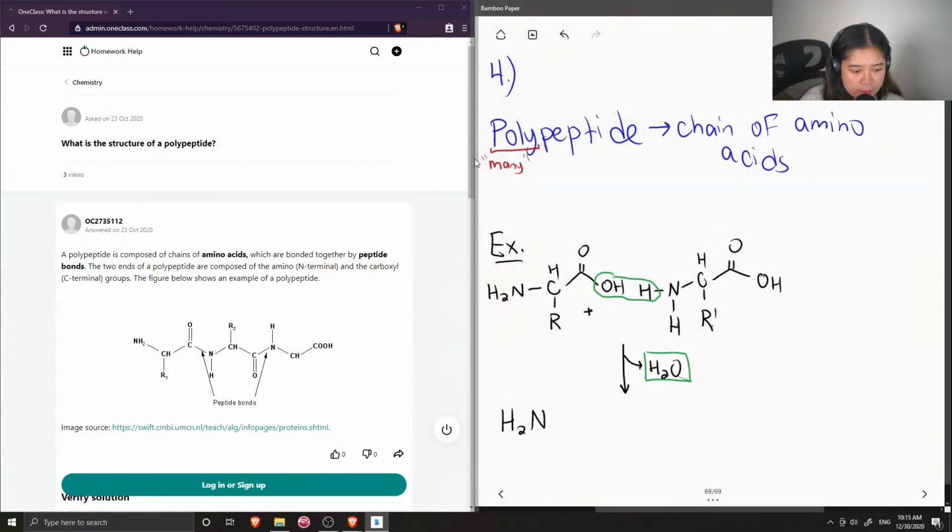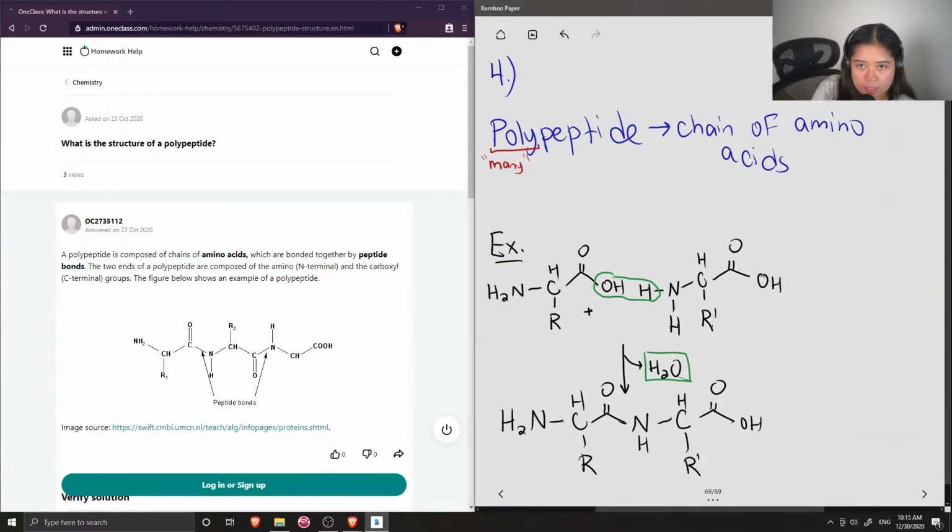So then our product is the first amino acid, and now it is attached to the amine group of our second amino acid. And this can continue on to form a long chain of amino acids.